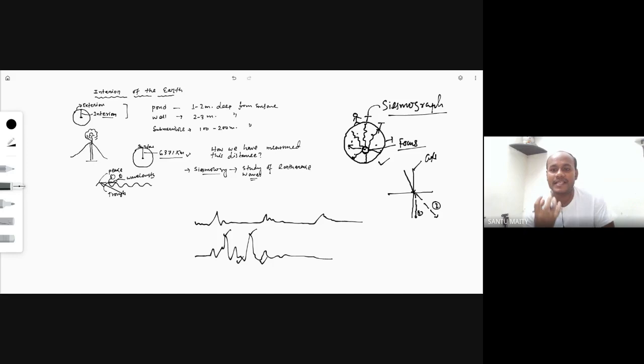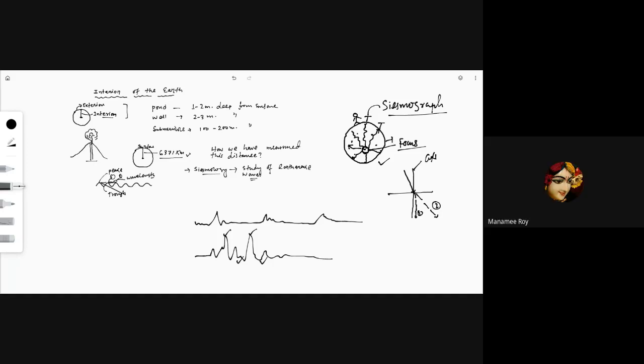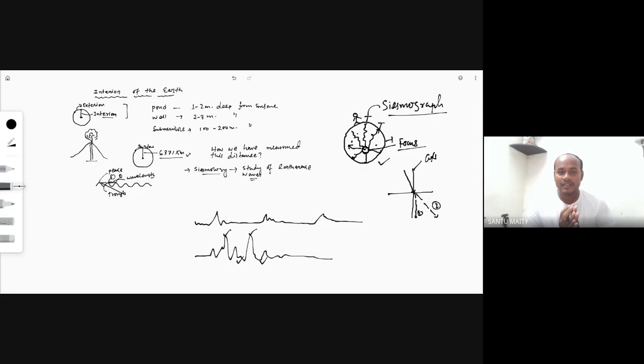So what is the basic idea we have understood today? That the interior of the earth extends to a much deeper length than we thought, and the length of the interior of the earth from the surface to the core is about 6371 kilometers. Now the question is, how have we measured this distance?